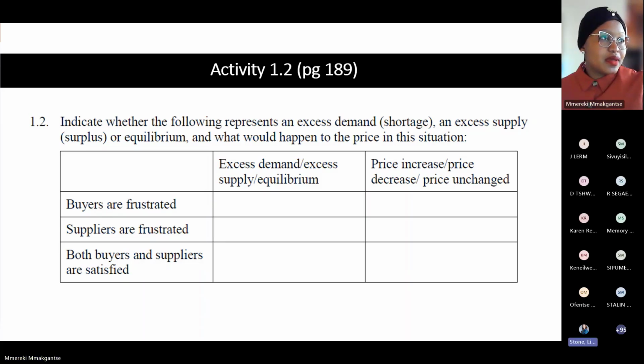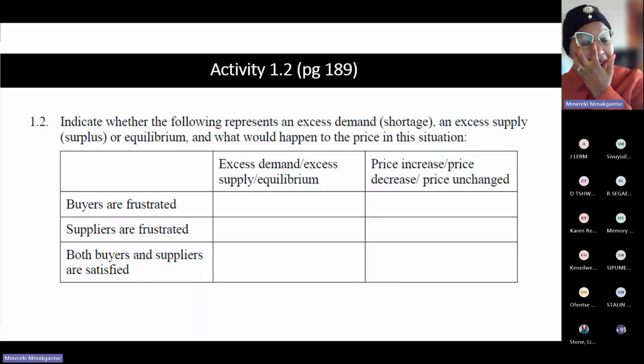Okay, let me jump in here. Remember what I said: you can only choose from these three. It's either excess demand, excess supply, or equilibrium. So if buyers are frustrated, it is excess demand.